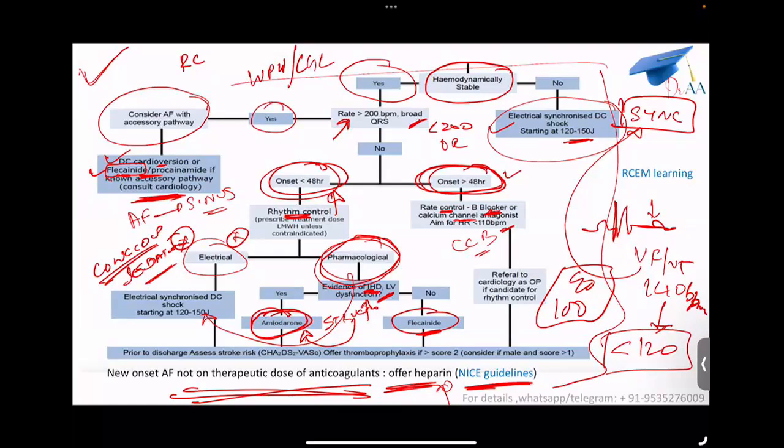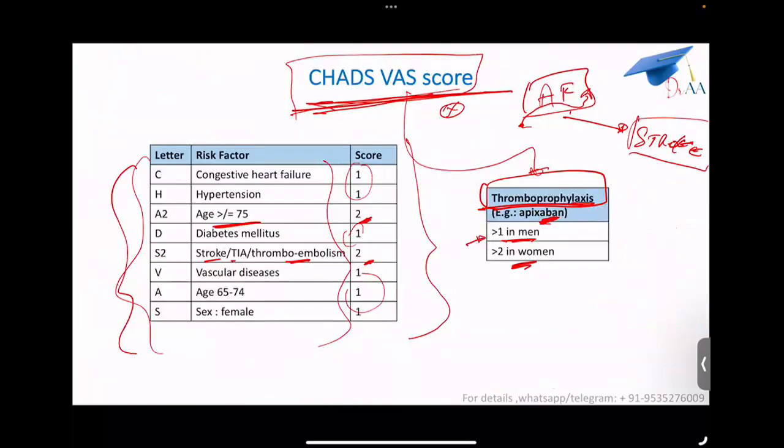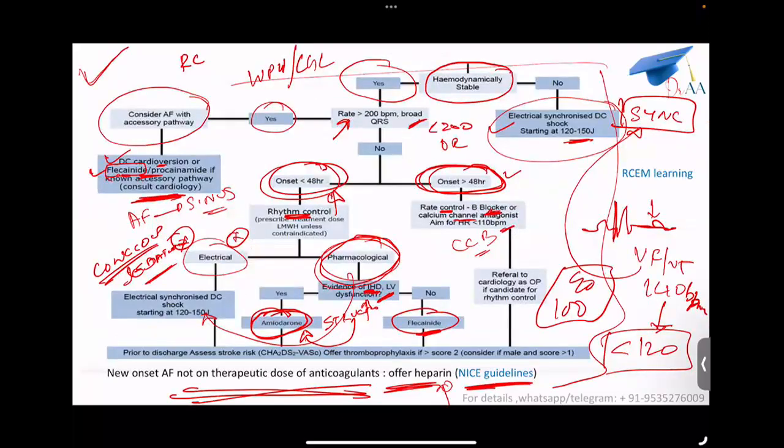Okay. Doctor, for amiodarone, you say it is used if the patient has a suspected cardiac problem, but if the patient doesn't have one, can we also use amiodarone if flecainide is not available? Well, if it is not available, you can still use amiodarone. But if it's available, flecainide is the preferred one. If for some reason in the options they don't give flecainide at all, only amiodarone, then choose amiodarone.